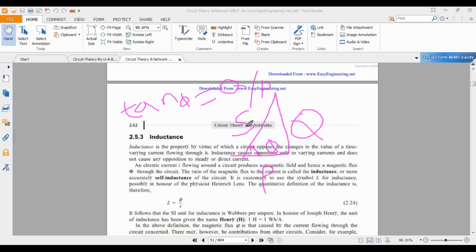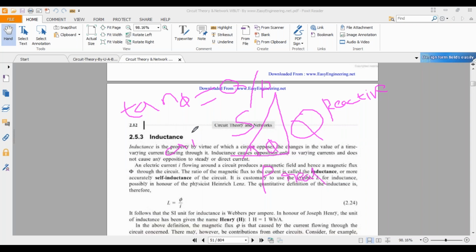Here S is called the apparent power and P is called the real power, and Q is called the reactive power.